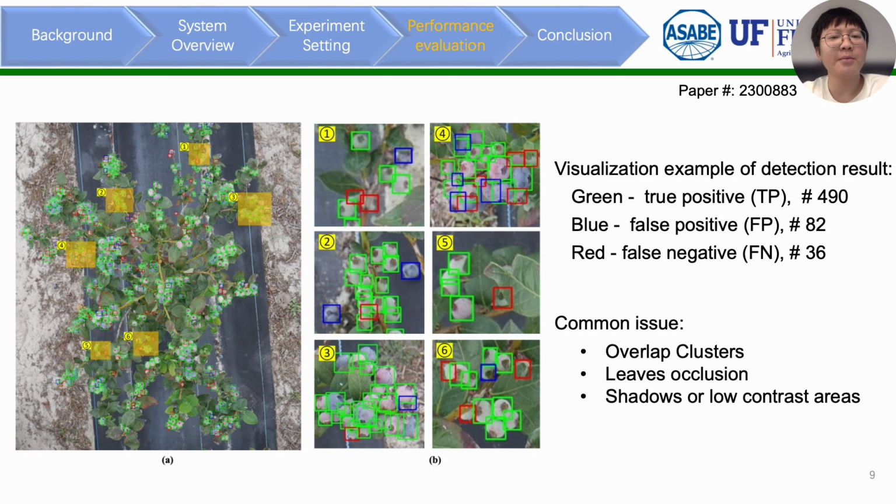This is an example visualization of the detection results. The different colored bounding boxes represent the different types of detection tags. Green, blue, and red represent the true positive, the false positive, and false negative cases. As we can see, the most common failed cases are the overlapping clusters, leaf occlusion, and shadows or low contrast errors.